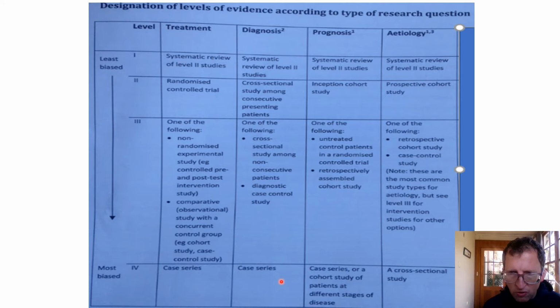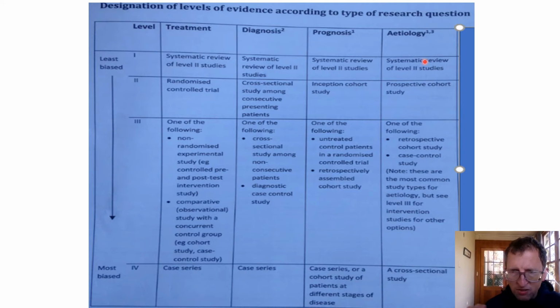So HemoCue versus full blood count, in an indigenous population of children with anemia. My P is indigenous population of children with anemia. The I becomes the HemoCue, the C becomes the full blood count, and the O becomes sensitivity and specificity.